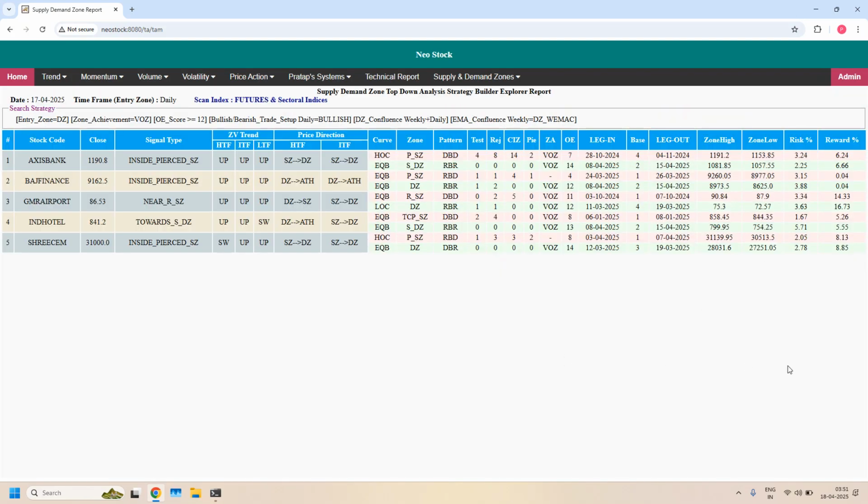So these 5 daily demand zones, because the entry time frame is daily, even though they are overlapped with weekly, the entry zone is daily. Because they are overlapped with weekly, they have stronger order flow, and that weekly is also having EMA confluence. That is another indication that these zones might be having stronger institutional order flows. But some of these zones might be pierced.